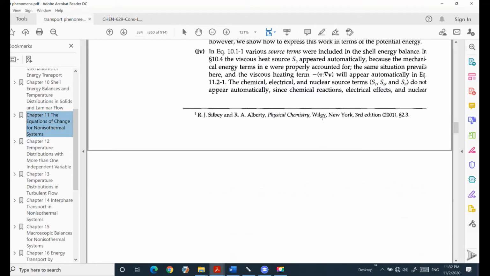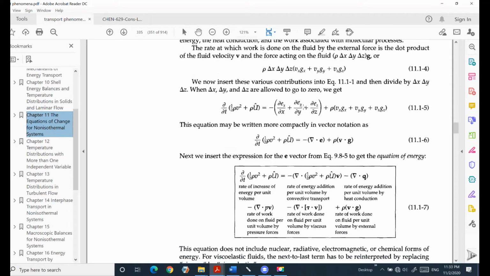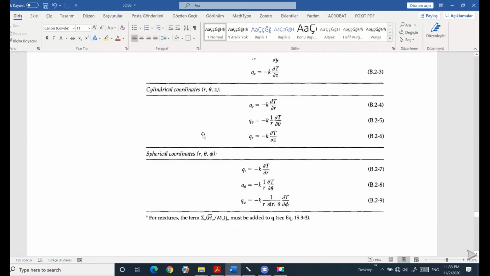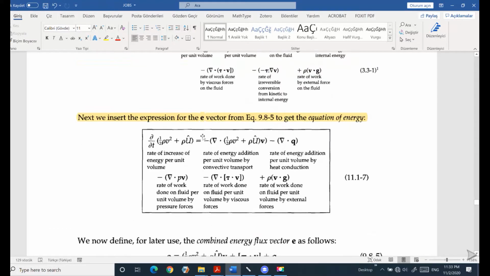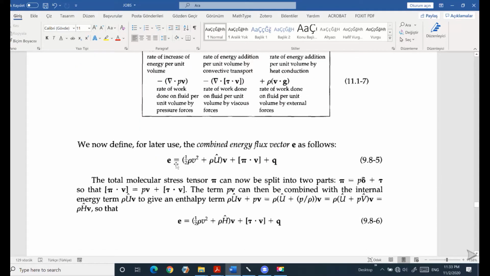Okay, we know this from chapter 9. In chapter 9, we obtained this e term. What was this e term?